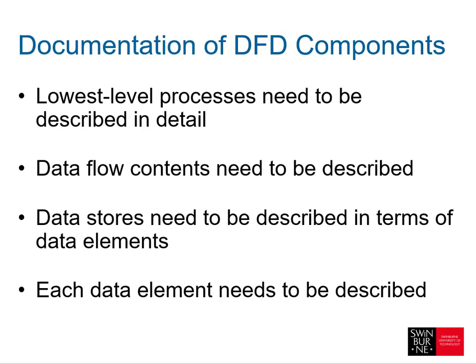In addition, the business analyst needs to define each data flow in terms of the data elements it contains. Data entities also need to be defined in terms of data elements. And finally, business analysts also need to define each data element in detail. So let's go through how to document these lower level processes.